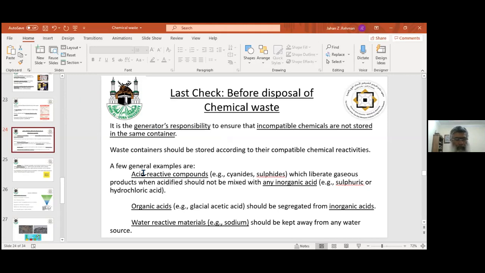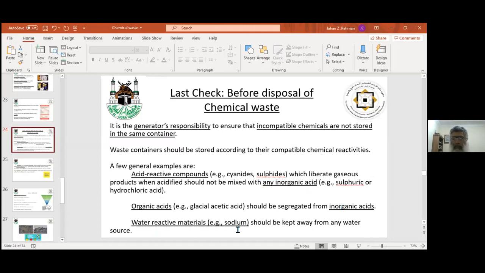As I discussed before, if you put acid reactive compounds and inorganic acids together, they produce gases. If you put organic acids with inorganic acids, organic acids are flammable, and inorganic acids are oxidizers or corrosives, so they can catch fire.